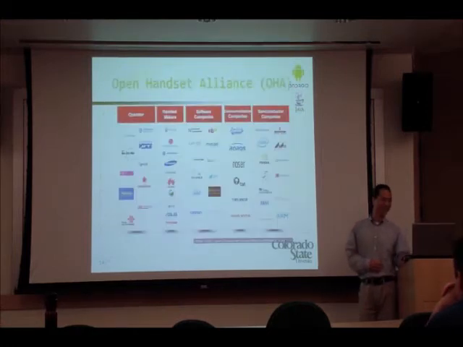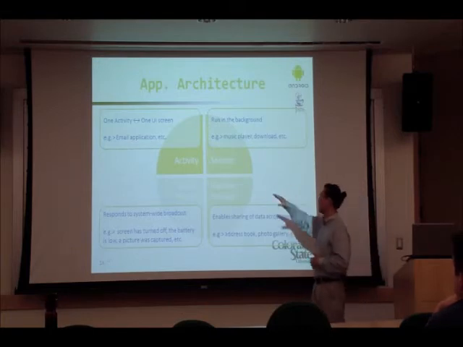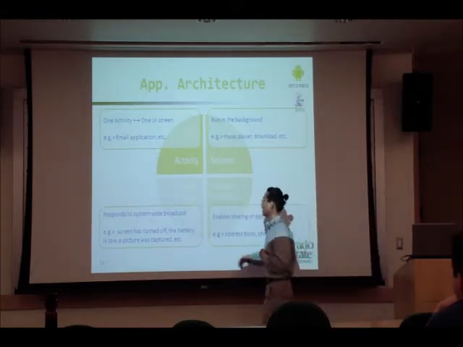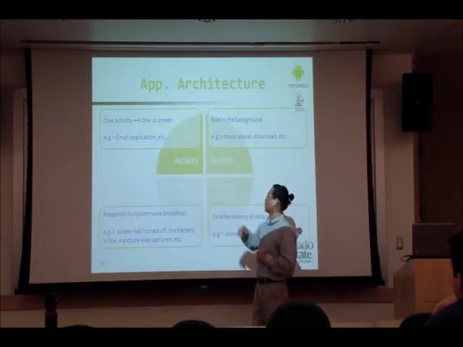So an Android application is composed of one or more of these 4 components: activity, service, content provider, and intent receiver. One activity corresponds with one user interface screen.